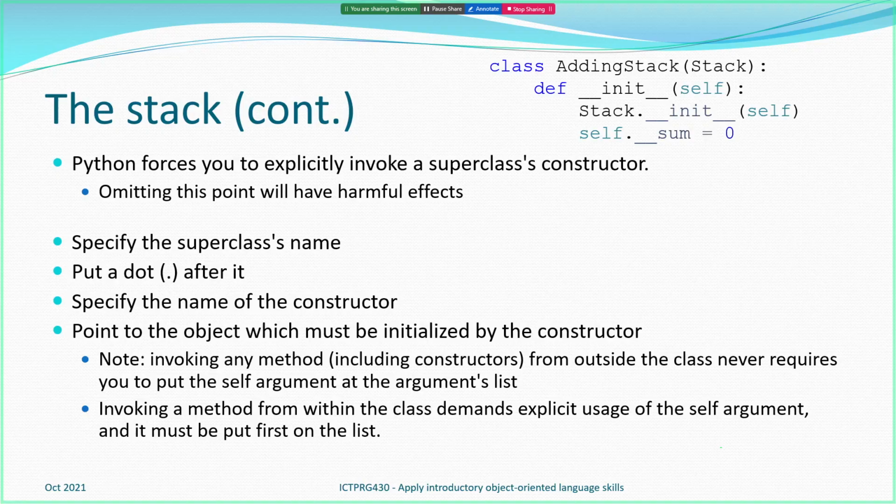So again, adding stack is the class that then we're defining, initializing adding stack as self, and then we want to initialize stack to pull all of that into this subclass.